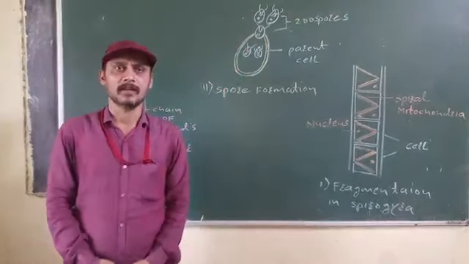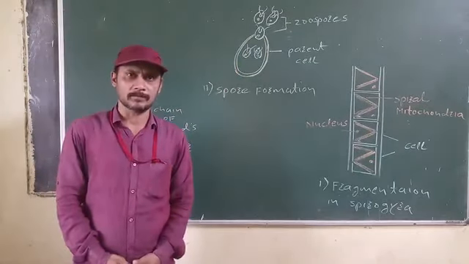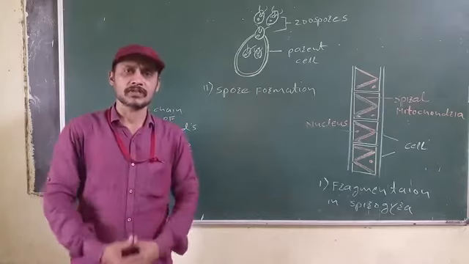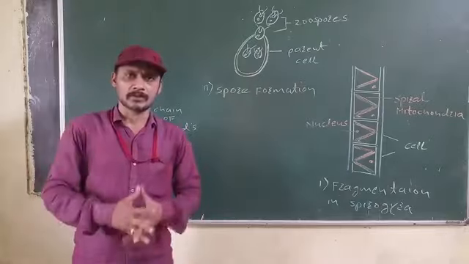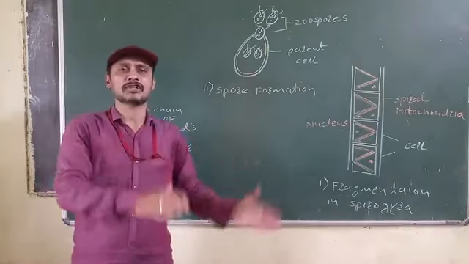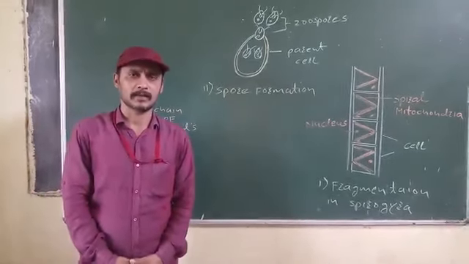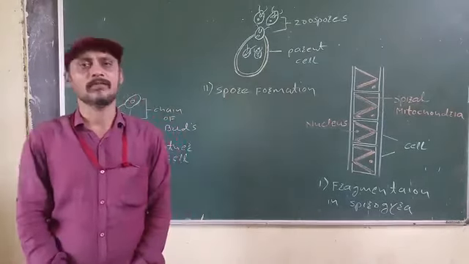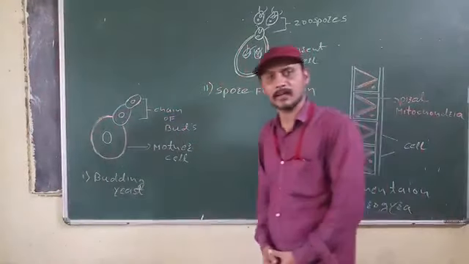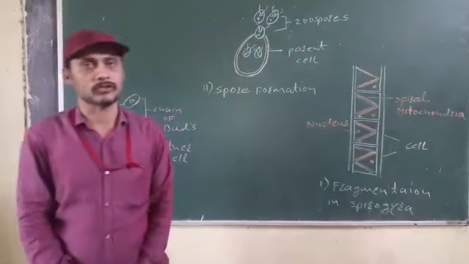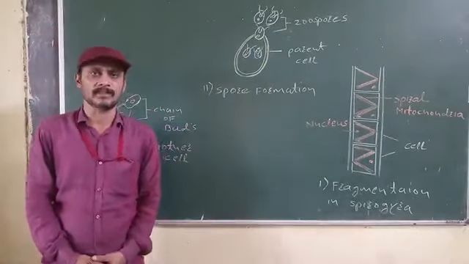The second and most important thing is that the organism formed by the process of reproduction restores the characters of such a species in the next generation. So the two most important points of reproduction are the continuity of life and restoration of characters of the individual in the next generation.